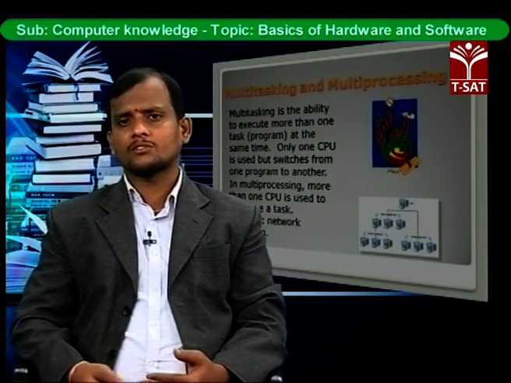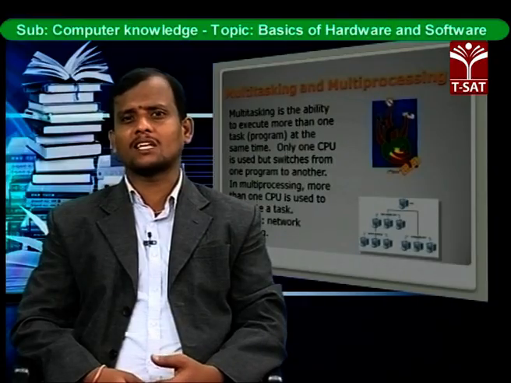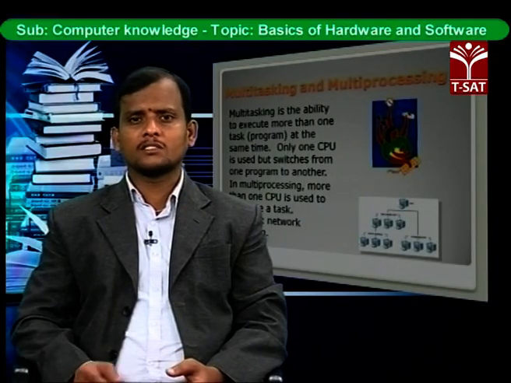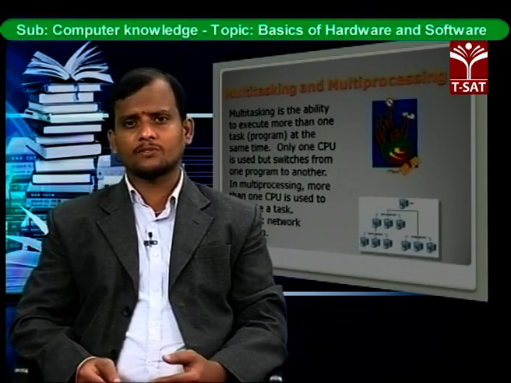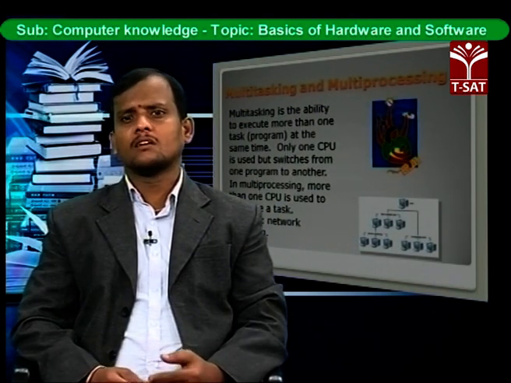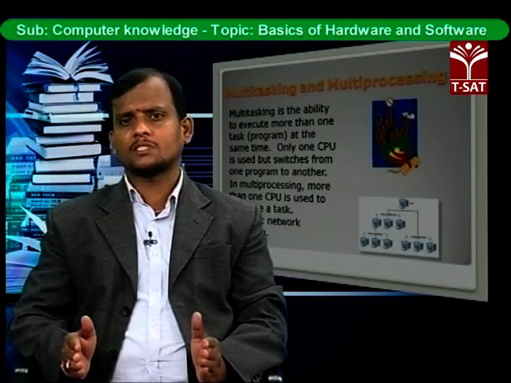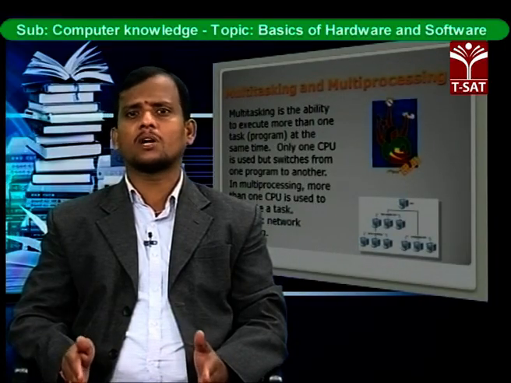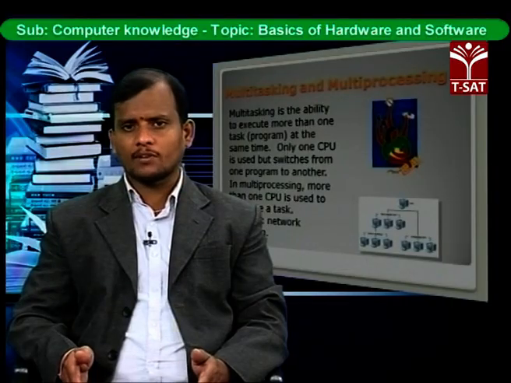If the computer is executing more than one task, that is called multitasking. Only one CPU is used, switching from one program to another. So in multitasking, there is one CPU which takes multiple instructions or multiple executions at a given point of time.